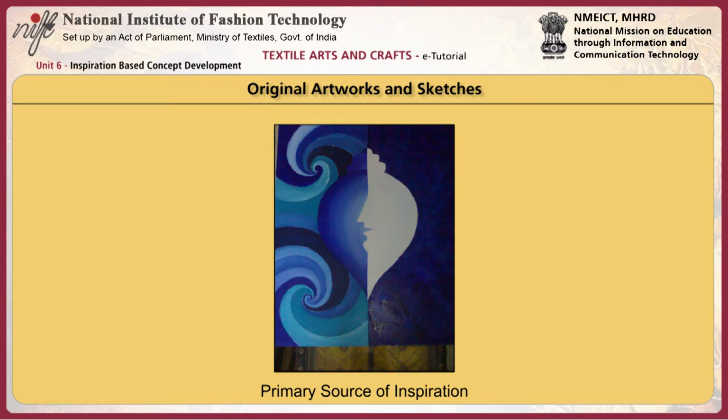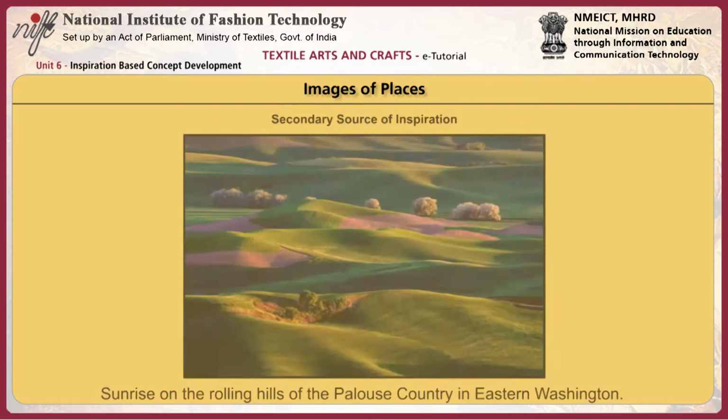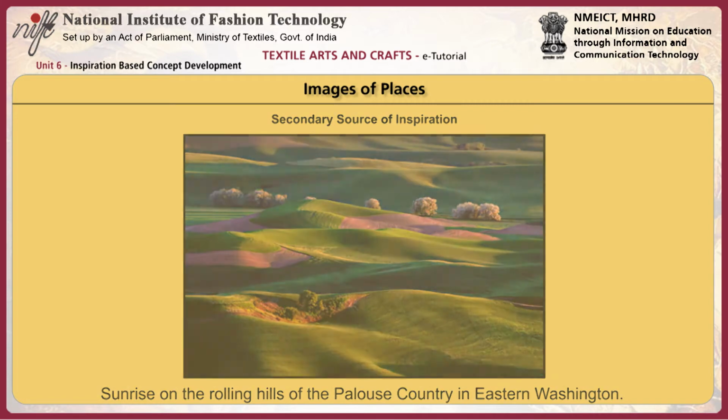This work of art, The Calm Current, is an example of a primary source of inspiration. These are artworks based on the Kinkakuji Temple, Japan. This picture shows a sunrise on the rolling hills of the Palouse country in eastern Washington.